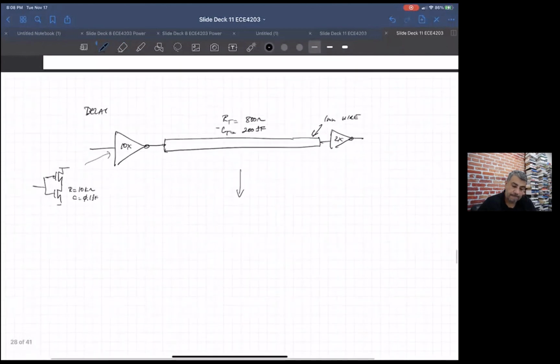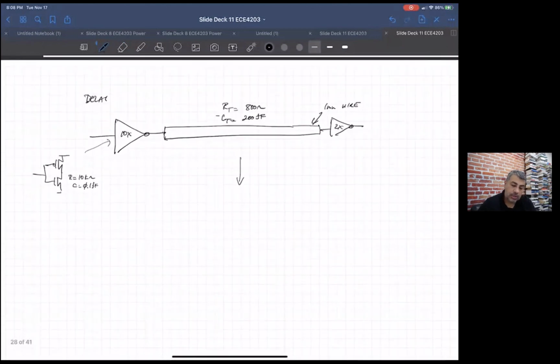You guys give that a quick try. The hint is you can do a single segment pi model of this, and then you have to look at the output resistance and the capacitance and the input capacitance of this.